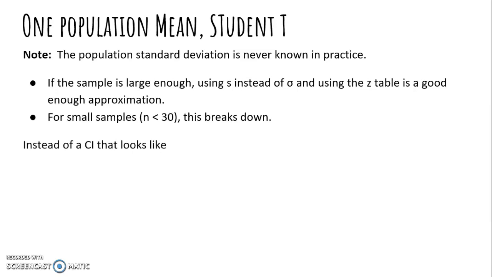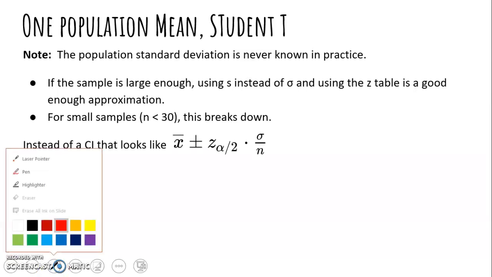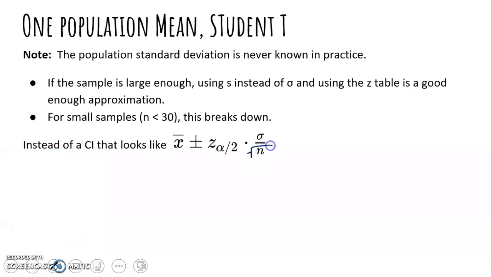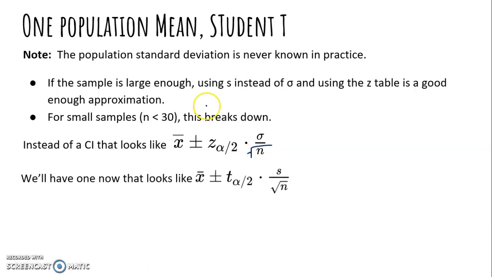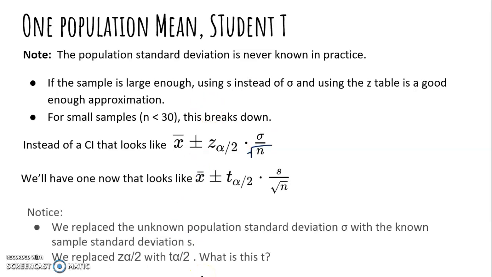So instead of a confidence interval using the formula here, which has a square root sign, that was the formula we learned previously. Instead of it looking like that, we're now going to use one that looks like this. Notice the things that are different.